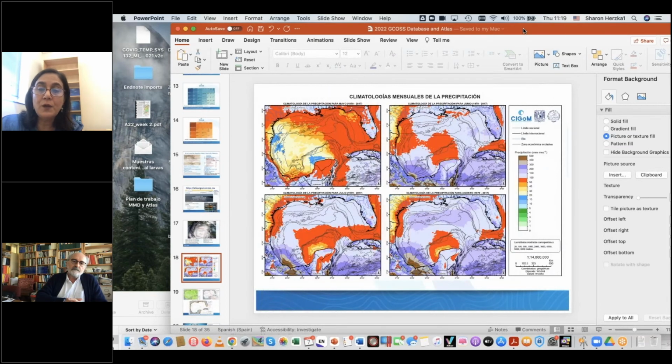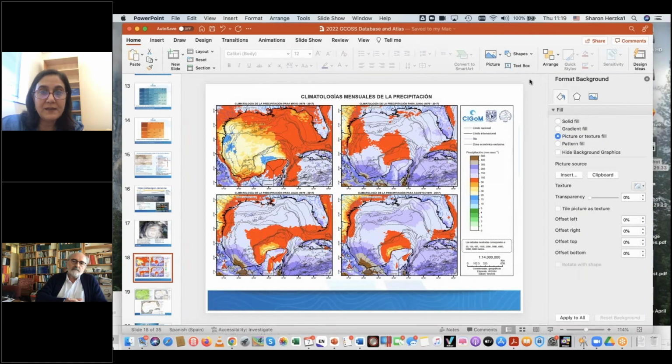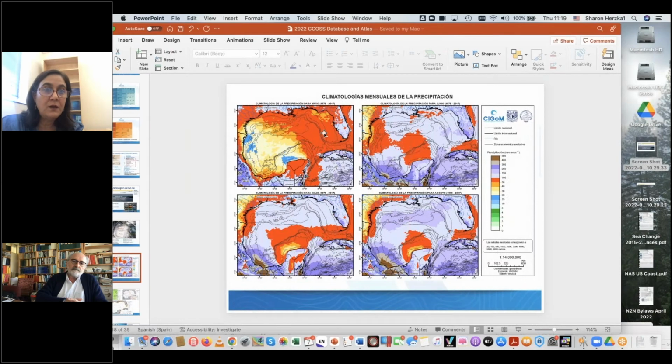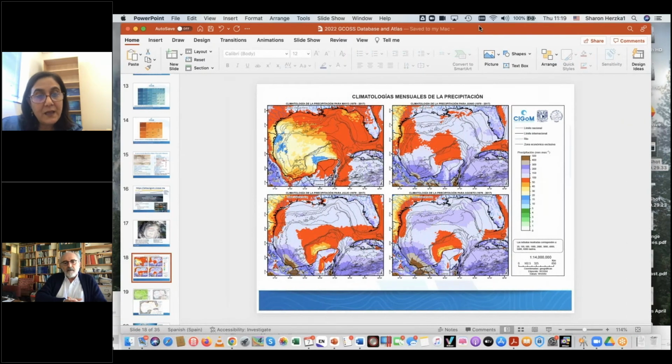This is an example of one of the maps that we have in that section. And here we have the climatology of precipitation for May, June, July, and August. So of course in the atlas you'll find an annual climatology, but also the monthly climatology.